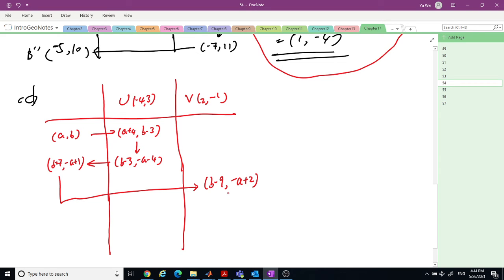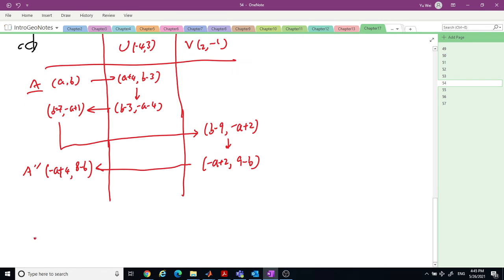Then we convert to here, negative a plus 2, then 9 minus b. Then we convert back, so what made it small should now be big, so it's negative a plus 4 and 8 minus b. Okay, so this is any arbitrary point A, and this is A prime prime.